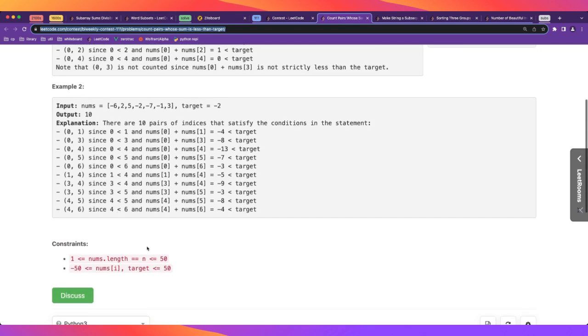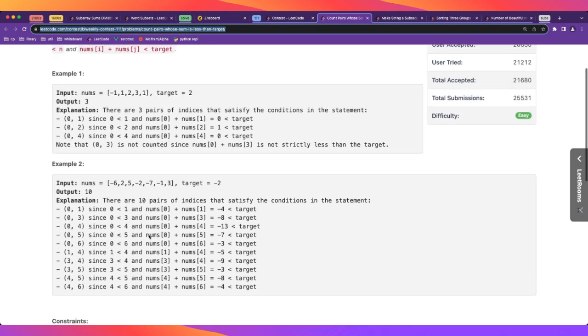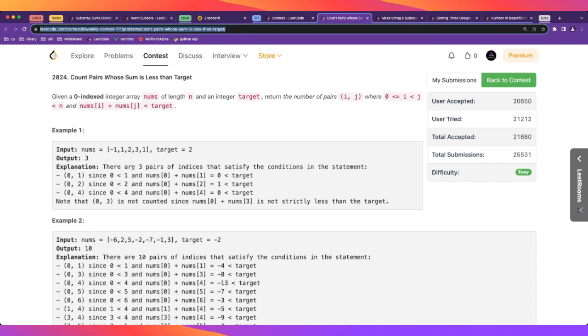So let's look at the constraints. The size is up to 50 and the values can be negative, from -50 up to 50 inclusive. There are 3 pairs of indices that satisfy the condition. So yes, let's check it out.